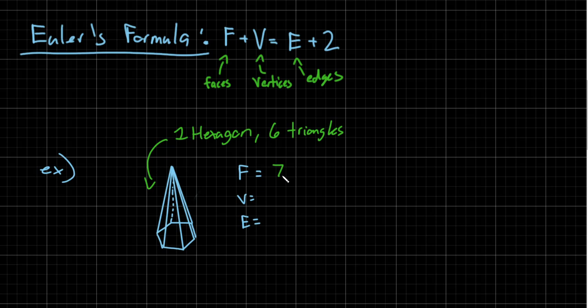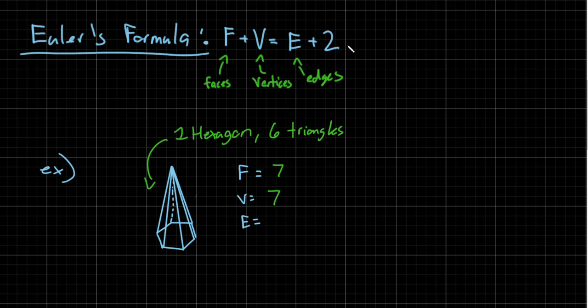How many vertices do we have? So how many points? Ashley, how many vertices do we have? Yep, vertices, points, same word, kind of. 7.